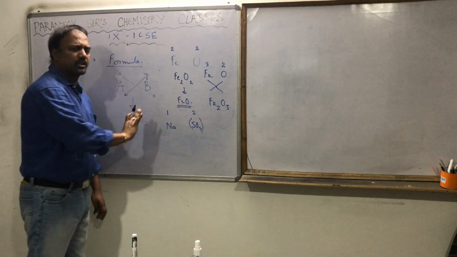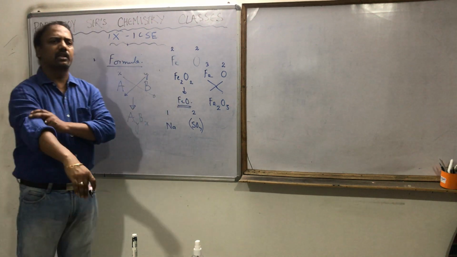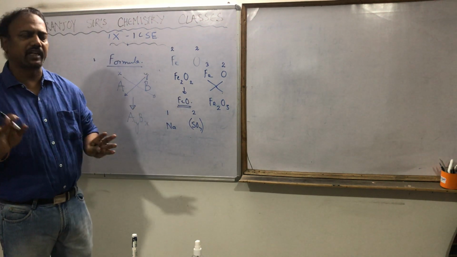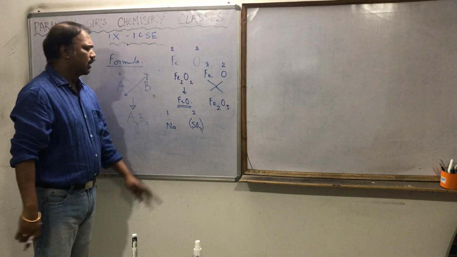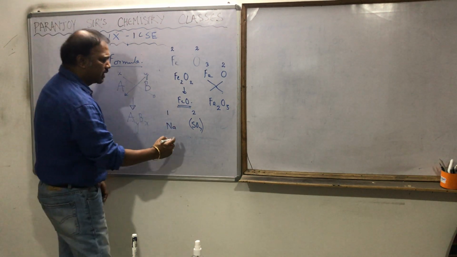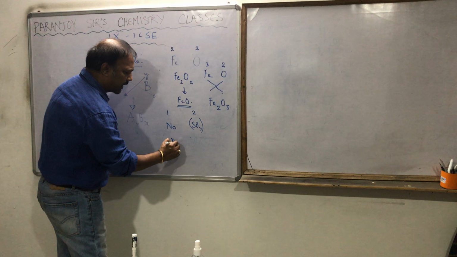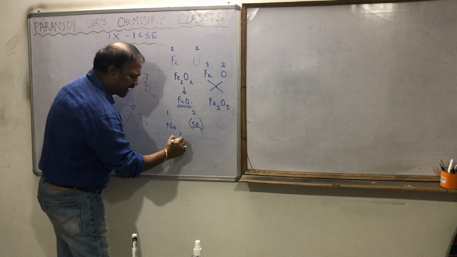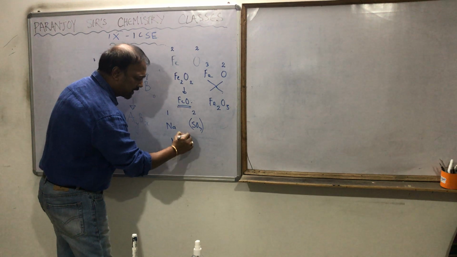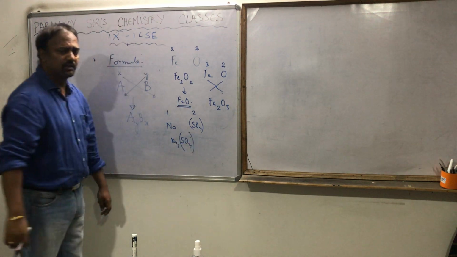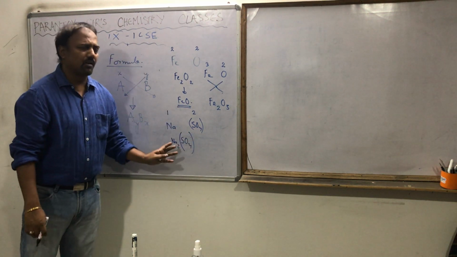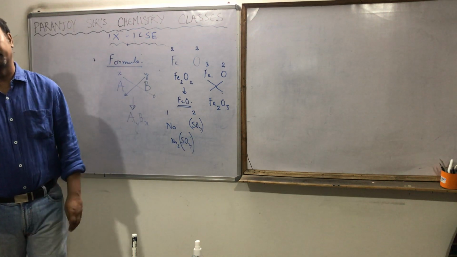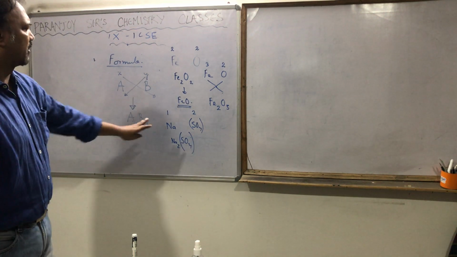Obviously this is -2, this is +1, but as I told in the beginning, we are not going to go to the positive and the negative at this moment. We will come to that. Now what should be its formula? Its formula should be Na2, Na, 2 are there, and sulfate, that is SO4, the whole thing is a radical. SO4 1. Or you can write Na2SO4 simply. So that is the formula of this.